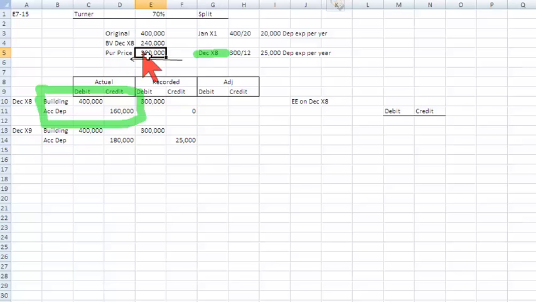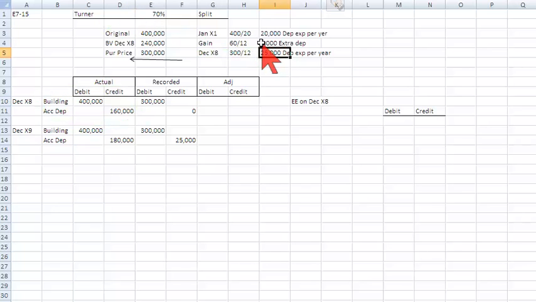That means the subsidiary recorded a gain of $60,000, but since the gain is not realized because it's a sale between affiliates, we will have to defer that gain of $60,000 over the 12 years remaining, which gives us extra depreciation of $5,000. Now, this extra depreciation is extra in the sense that it shouldn't be recorded.